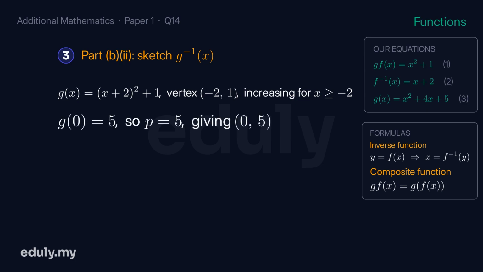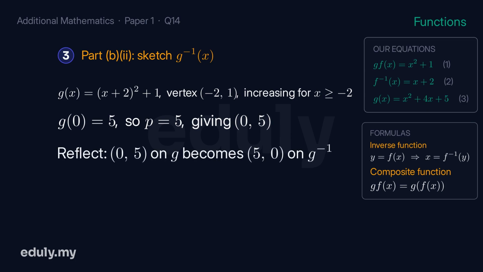Putting x equal to 0 gives g of 0 is 5, so p is 5. The point 0, 5 sits on g. Reflecting in y equals x swaps the coordinates, so 0, 5 on g becomes 5, 0 on g inverse. That's its x-intercept.